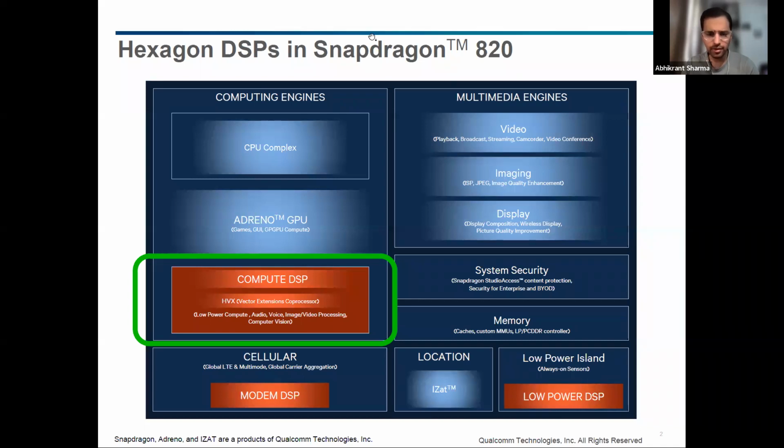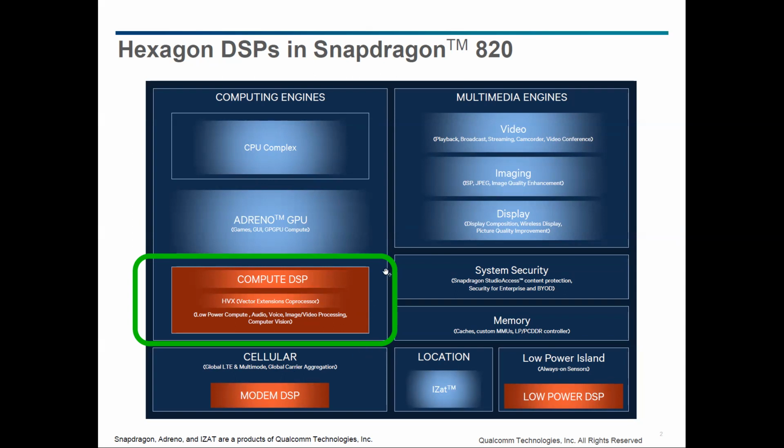So why do we have a modem DSP when we already have a faster compute DSP to process information? There are bandwidth limitations. Let's say when the data is being transferred to the compute DSP from the CPU complex block, the CPU complex is the master processor, and it will control the compute DSP as well as the modem DSP.